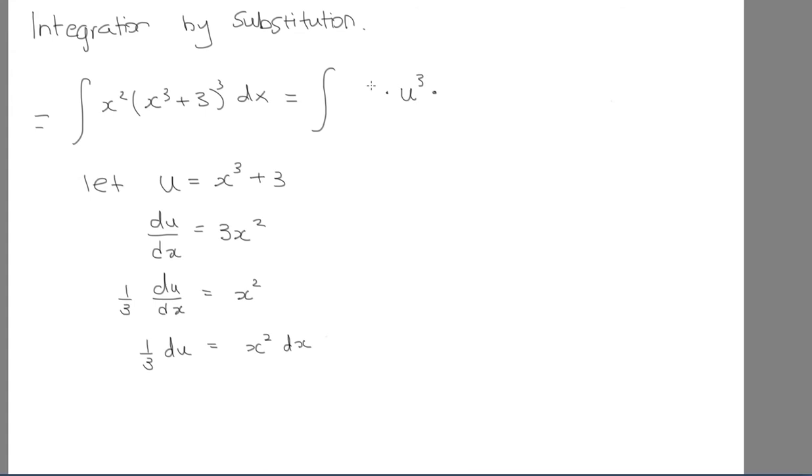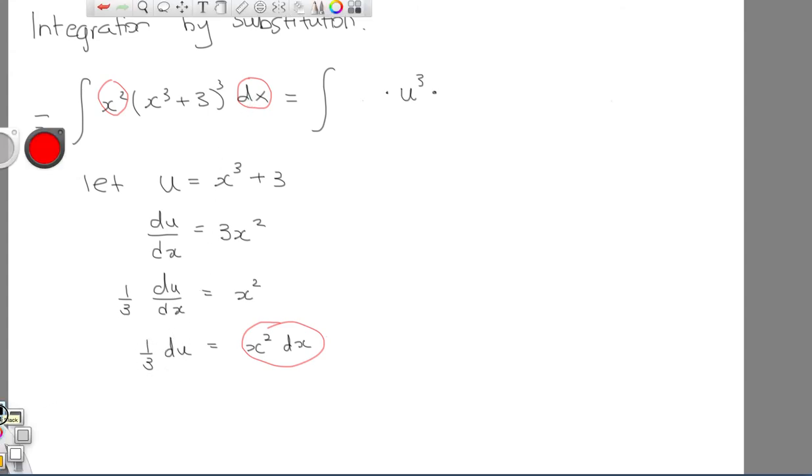Well, this and this was x squared and dx, right? So I can simply replace that, I'm going to use a red pen here, so that bit and that bit is this bit. That can be replaced by this here, okay? So that's equal to 1 over 3. I'm going to put 1 over 3 here, and then du here, okay?